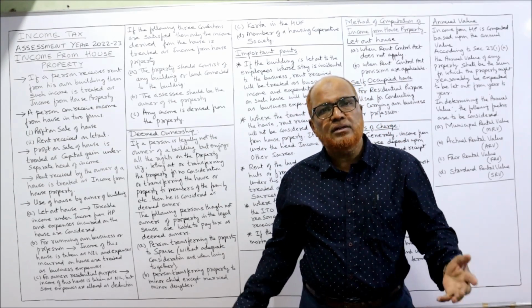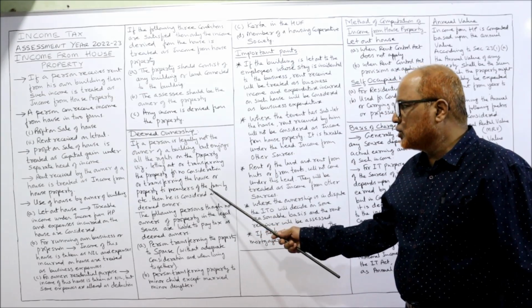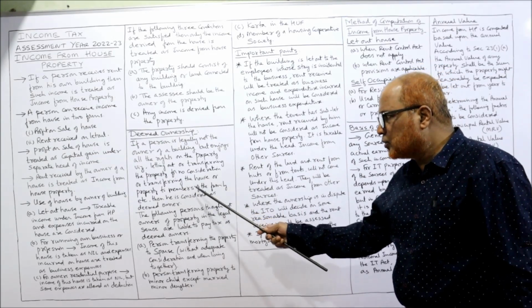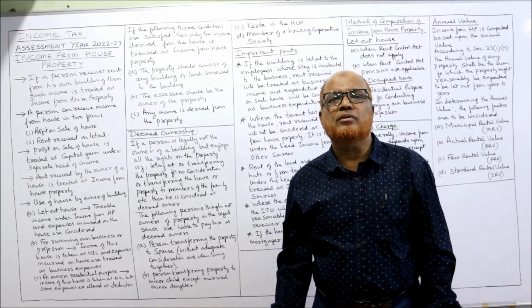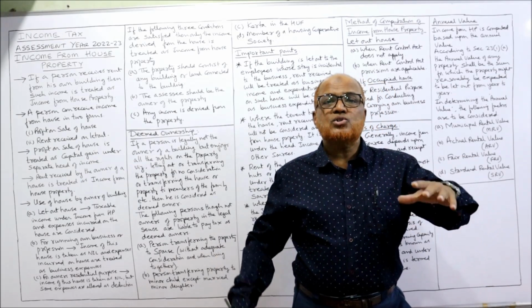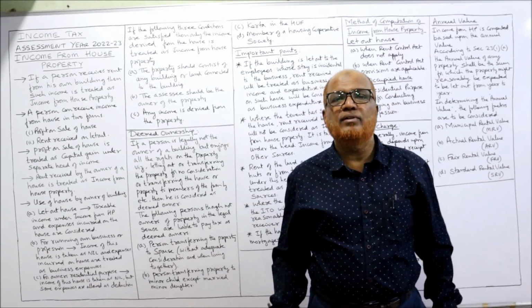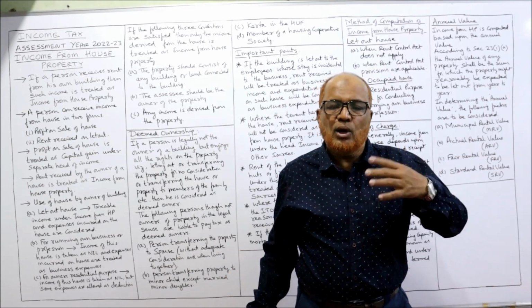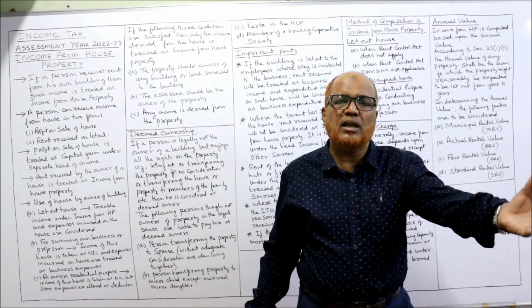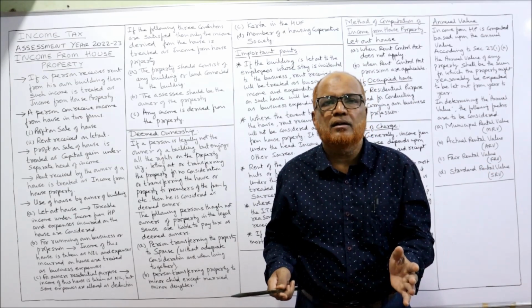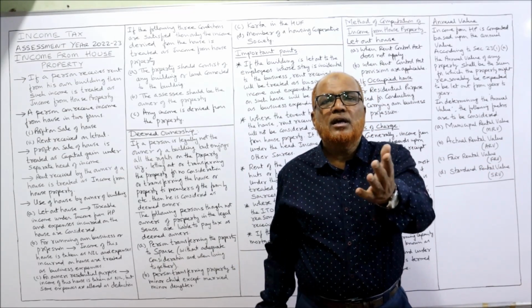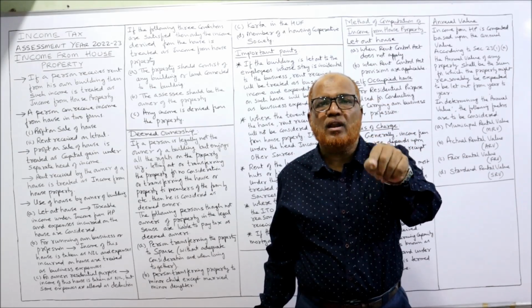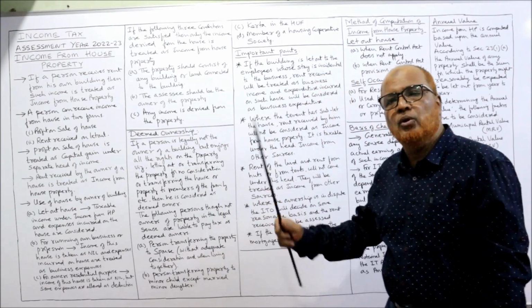You are not the real owner, but Income Tax will treat you so. Example, the property to members of the family, etc. Sometimes the property is transferred to the members of the family without any consideration. Without any consideration, one person has transferred the property in the name of another person in the same family. The Income Tax Act will say the transferor will be treated as a deemed owner.